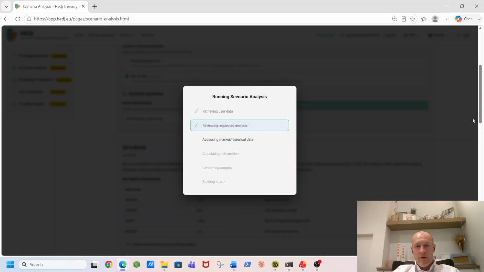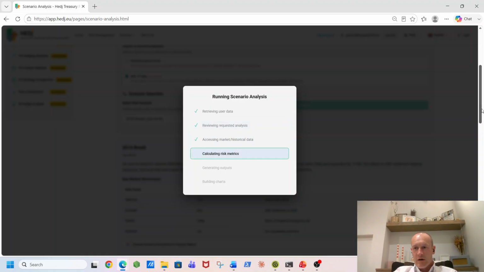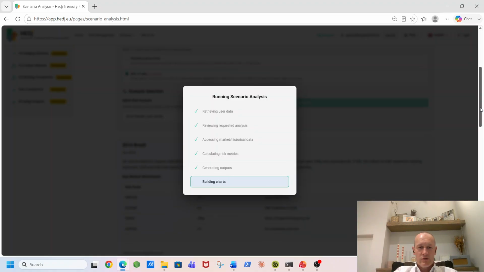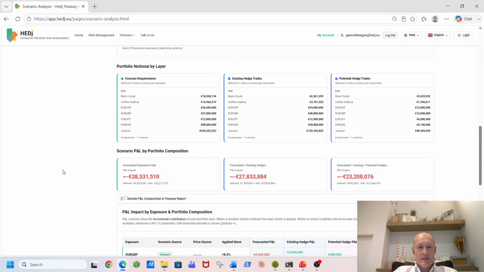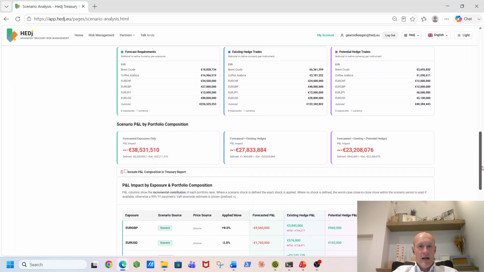So run the scenario analysis again, it goes back, looks at the historic period, applies that to our trade set, and again gives you another similar set of numbers to the VAR analysis, but in this case, obviously much worse. So you can see the 20 million, the 95th worst percentile move was, I think, 20 million.